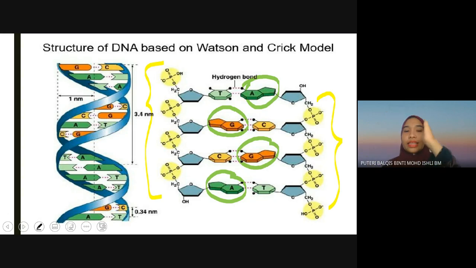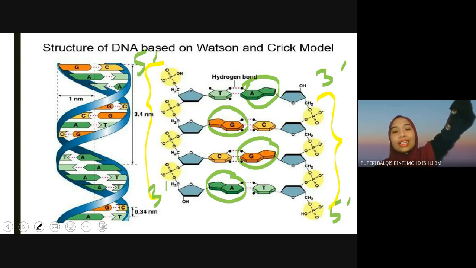Yang pointed ke atas tu, dia adalah 5' kepada 3'. Yang pointed ke bawah 3' to 5'. Maksudnya DNA tu start daripada 5' yang sebelah sini menuju ke arah 3'. On my right hand side here, start from 3' turun kepada 5'.